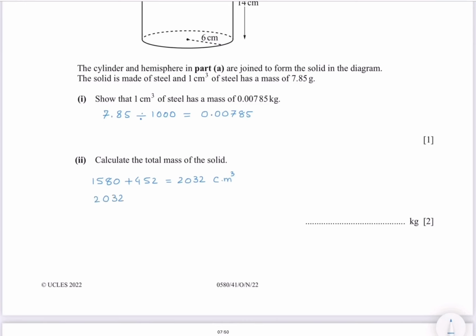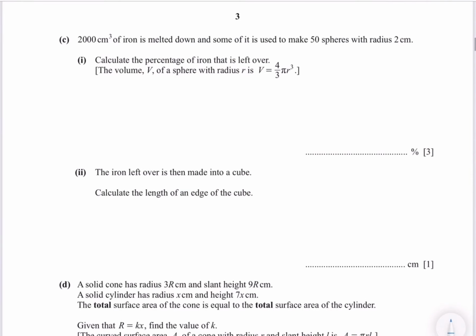And now 2032 multiplied by 7.85 grams, so it is 15951.2 grams. So convert it into kilogram. You have to divide it by 1000. So 15.9512 kg. Round it off to 3SF. So 16 kg is your answer.